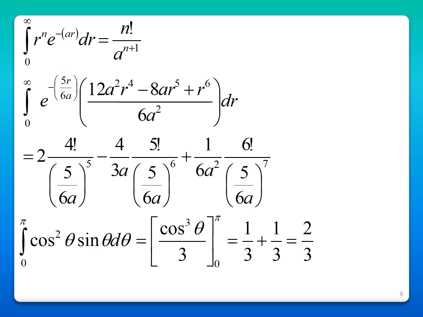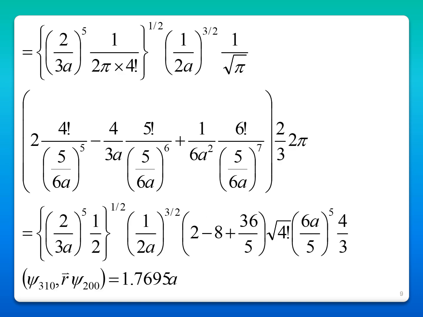Similarly for theta we get 2 by 3, and for phi it is 2 pi. Substituting all the values into the integral, finally it is 1.7695 into a.